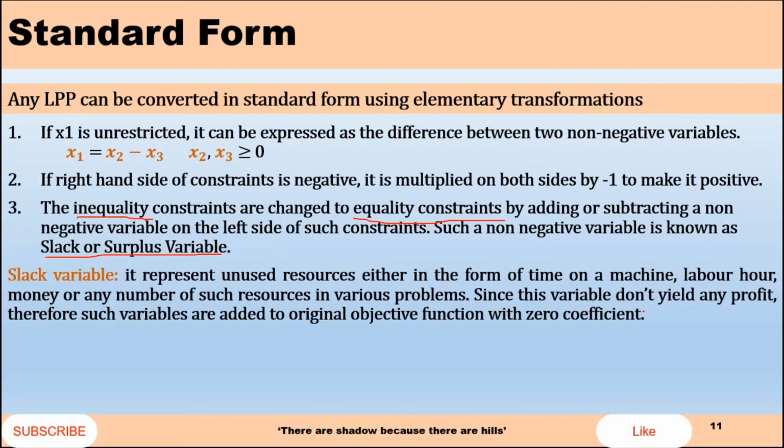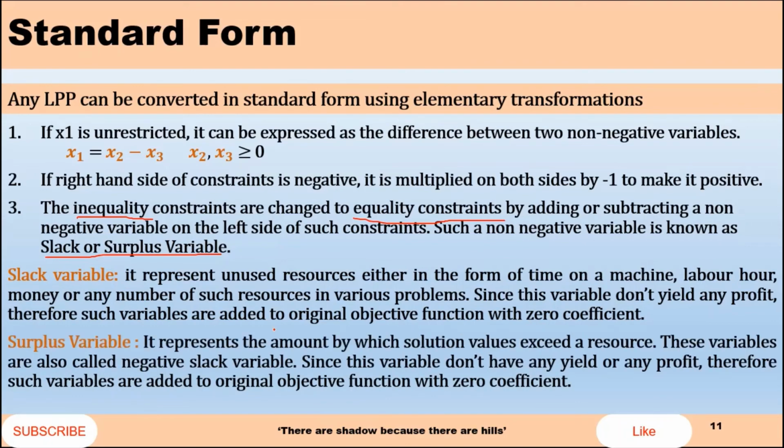Since these variables don't yield any profit, they are added to the original objective function with zero coefficient. In a similar way, a surplus variable represents the amount by which solution values exceed a resource. These variables are also called negative slack variables. Since these variables don't yield any profit, they are added to the original objective function with zero coefficient.